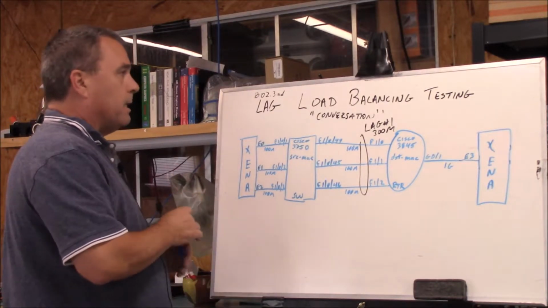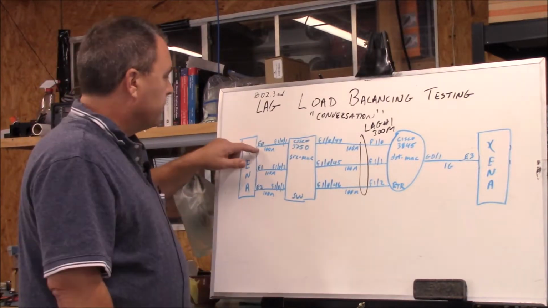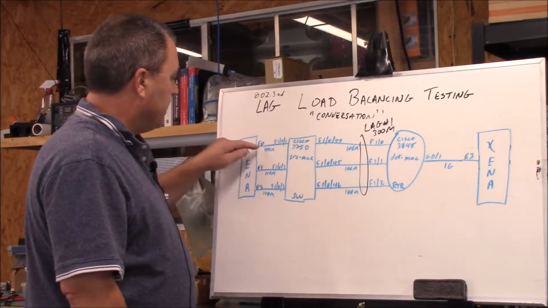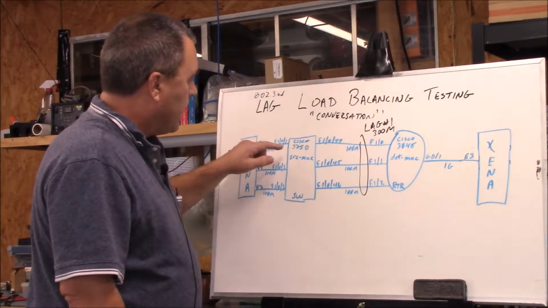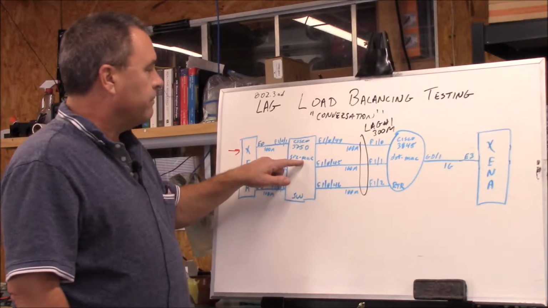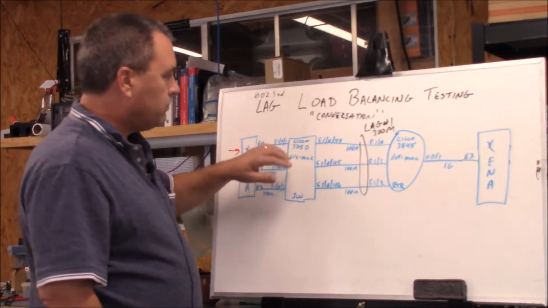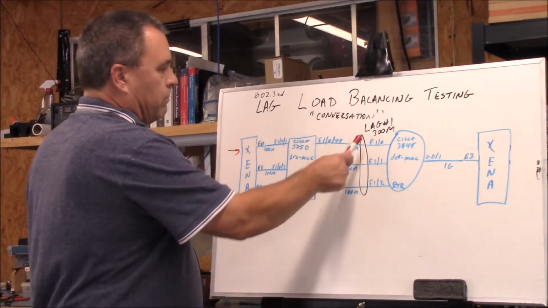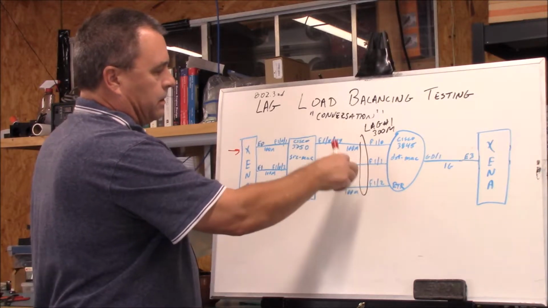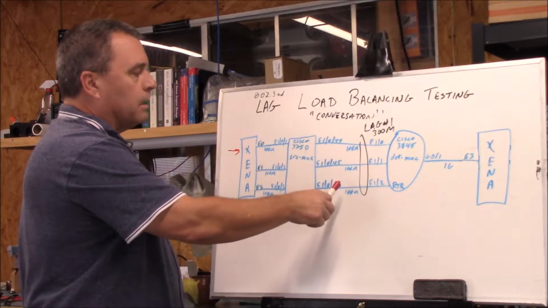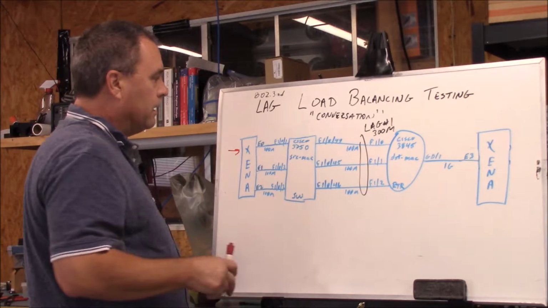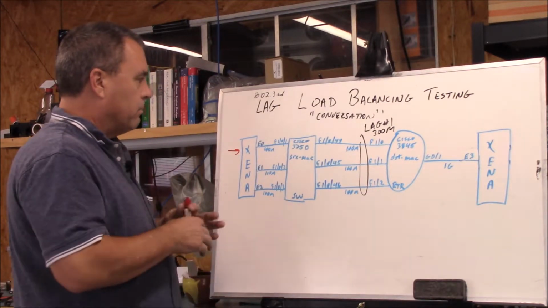So what we're testing today is the load balancing. We're going to initiate a 10 meg stream, and it should get to this 3750 switch and load balance it across one of these 3 links inside the LAG. And what does load balance mean?